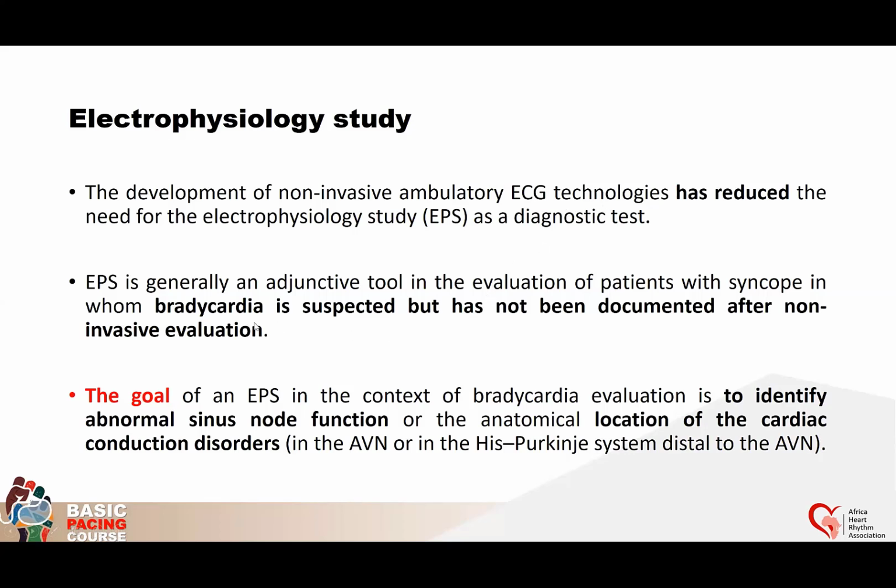It is indicated when the bradycardia is suspected to be the answer for the patient's symptoms, but has not been documented after non-invasive evaluation. And the goal is to identify abnormal sinus node function, or most importantly, to identify the location of a cardiac conduction disorder, an AV block that is nodal or infranodal.